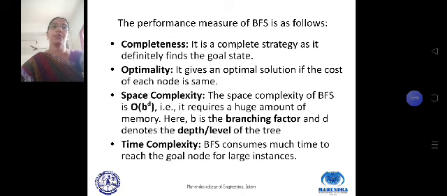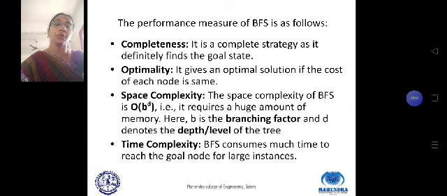Here are the performance measures of BFS. BFS means breadth first search. The performance measures are completeness, optimality, space complexity and time complexity. Completeness means it is a complete strategy, as it definitely finds the goal state. So completeness is yes. Optimality: it gives an optimal solution if the cost of each node is the same.